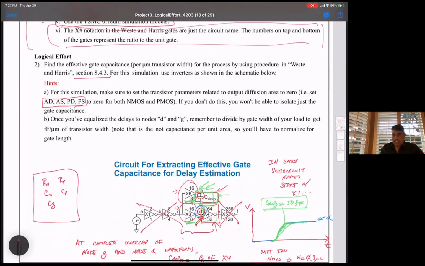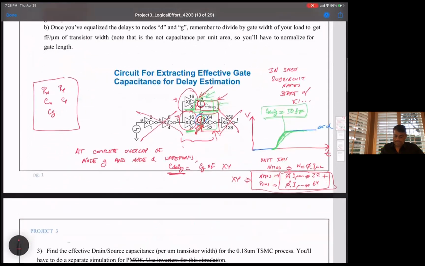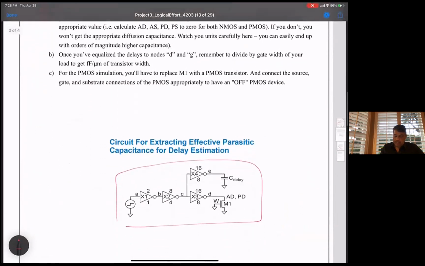It's just additional loading on this node that might throw off your simulations, and you're just trying to isolate the gate capacitance. These set the drain and source capacitances. So I'm suggesting you set those to 0, just so that it's easier to isolate the gate capacitance.